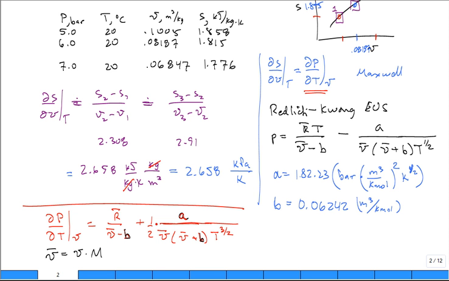Kilograms per kilomole. And then, so V is meters cubed per kilogram. So V bar will give meters cubed per kilomole. This looks right. Okay. We have to look up the molar mass of propane, which is 44.09 kilograms per kilomole. And then you have all of the V bars. Okay. What about the R bar? What is that?